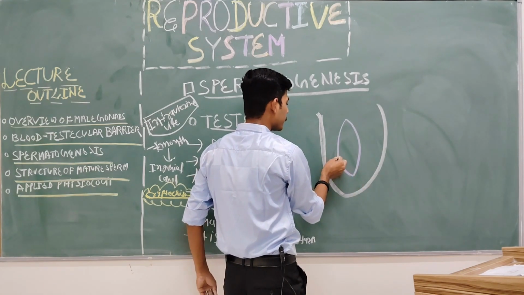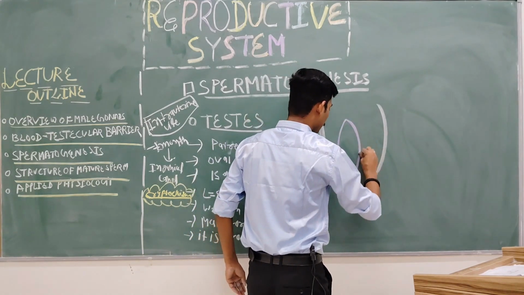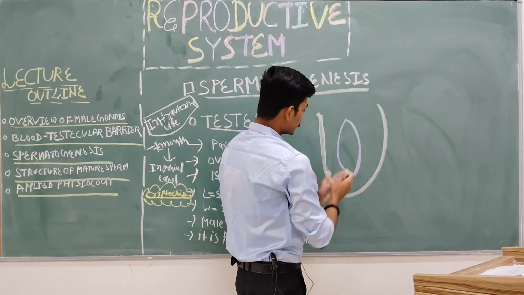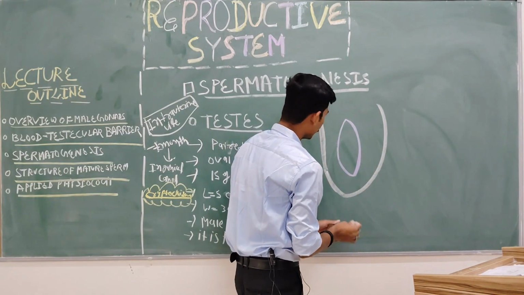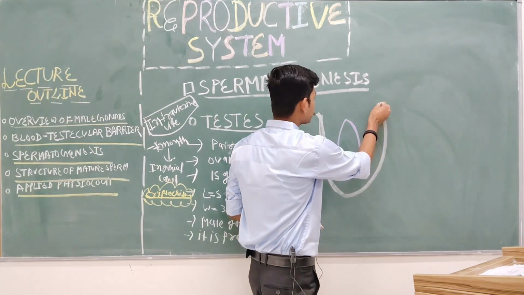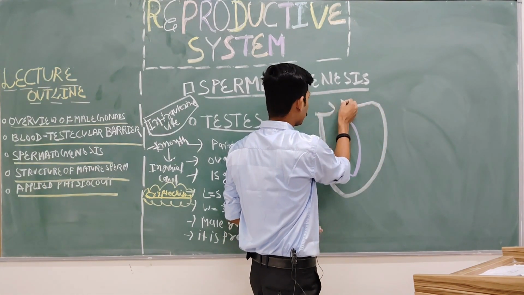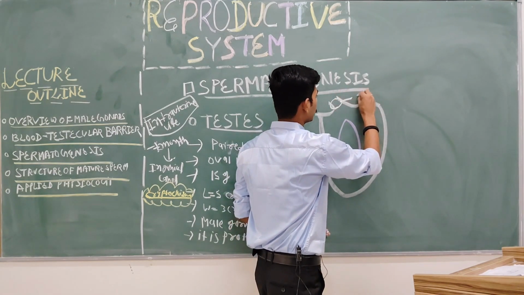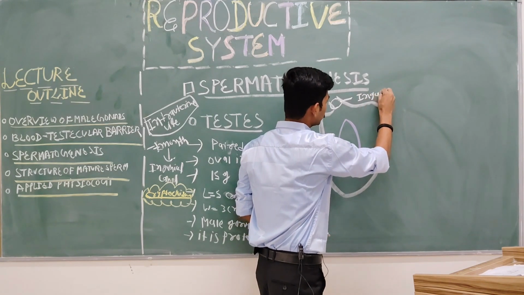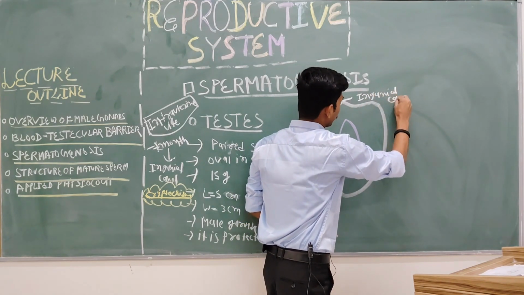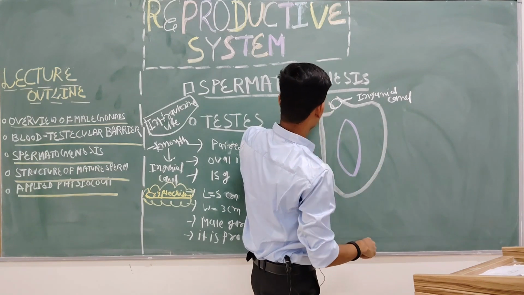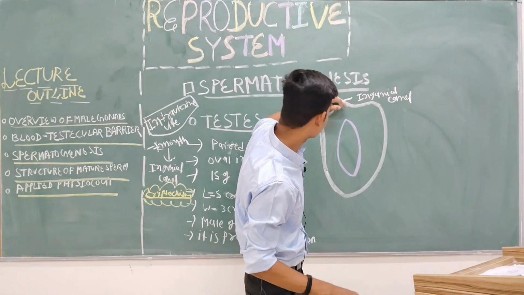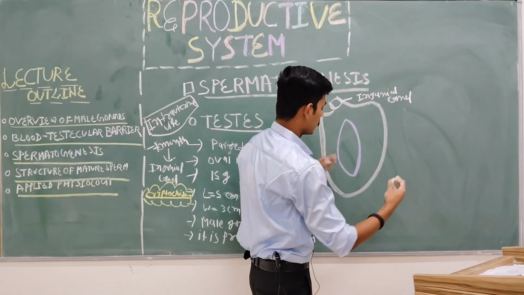I'm just showing you one testis, but we have two testes, isn't it? Here is your inguinal canal, via which this testis descends and comes into the scrotum.